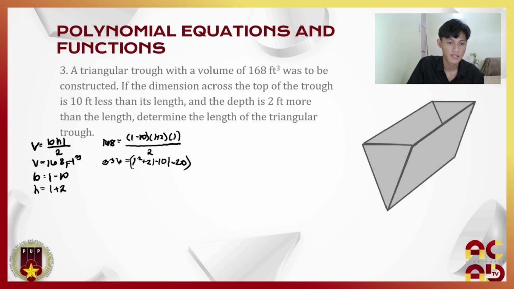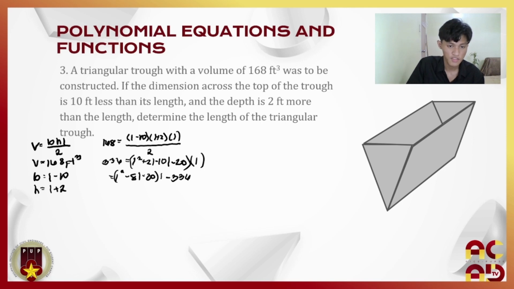And then times L. Ita-transpose natin yung 336 to the right-hand side. So, magiging L squared, i-simplify na natin to magiging negative 8L minus 20. Still, meron pa ring L minus 336.